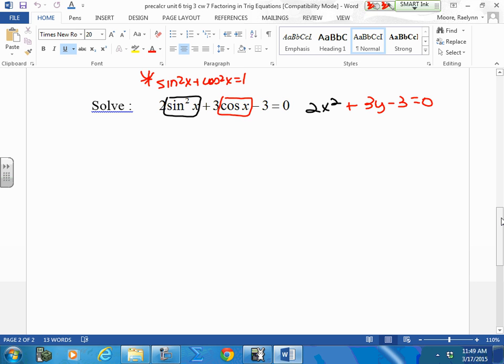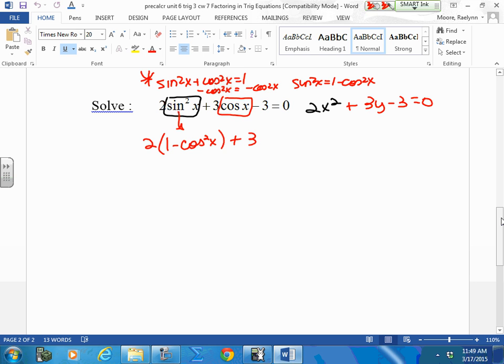And if you solve for sine squared, you subtract cosine squared from both sides, you can substitute sine squared for 1 minus cosine squared. So I'm going to take this out and use 1 minus cosine squared. Just take this out and substitute it in.